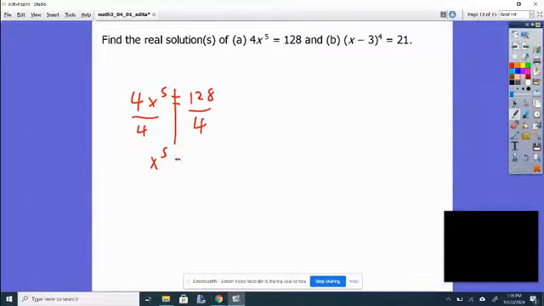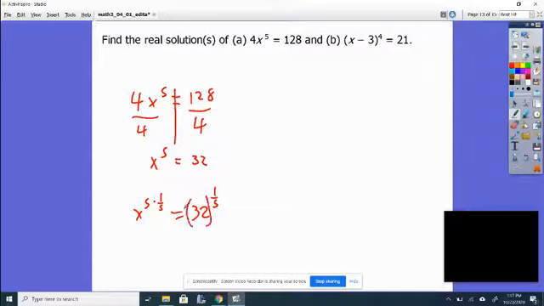X to the 5th is going to equal 32. Well, to cancel out this 5th power, we're going to look more at this later, I basically want to take that and multiply it by 1 over 5. Now, if I do it to this side, I need to do it to the other side.